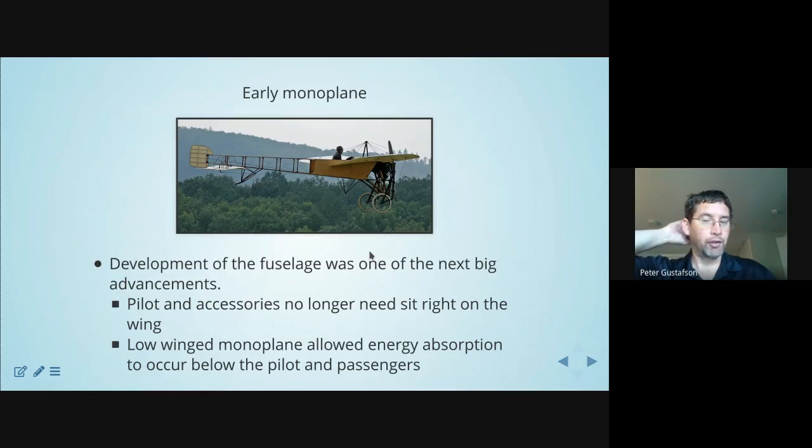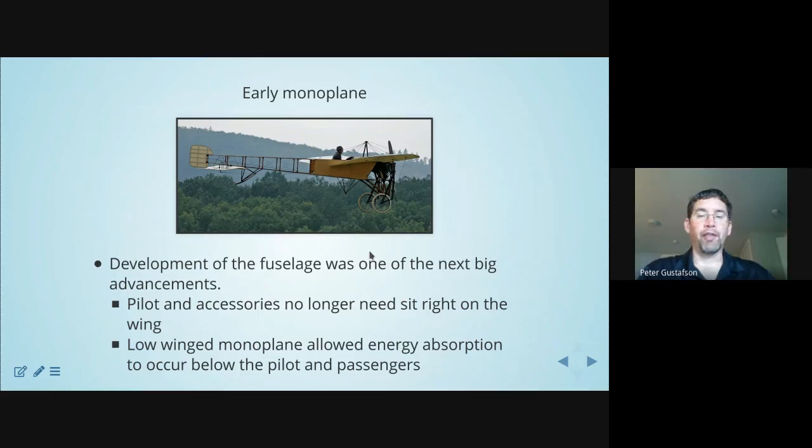The development of the fuselage was a structural advantage from the perspective of the pilot. The pilot and his or her accessories no longer needed to sit right on the wing, and could be located somewhere else.